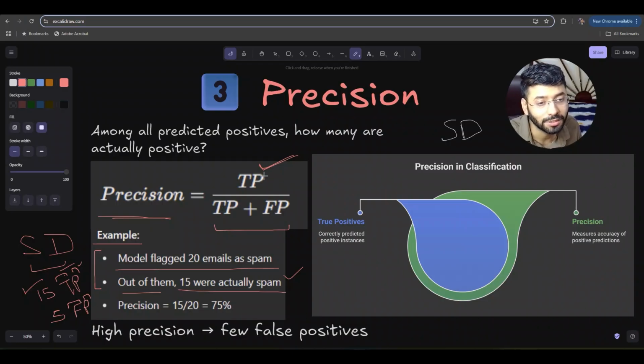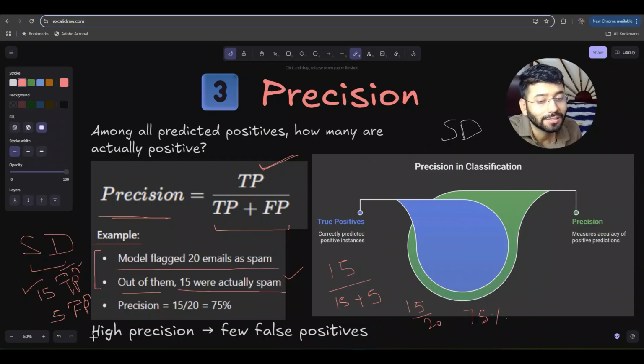So what will be the precision? Precision will be TP, that is 15, divided by TP, which is 15, plus FP. False positives were 5 here, because we incorrectly predicted spam when it wasn't spam. So 15 divided by 20, which means 75%. Okay, so our precision will be 75%.